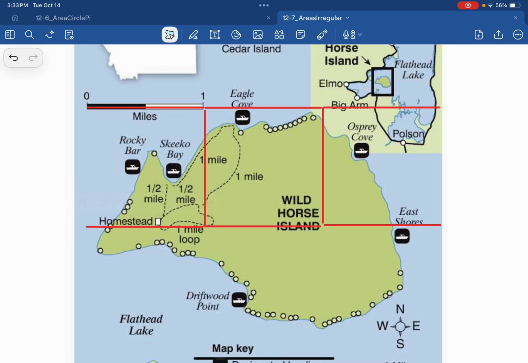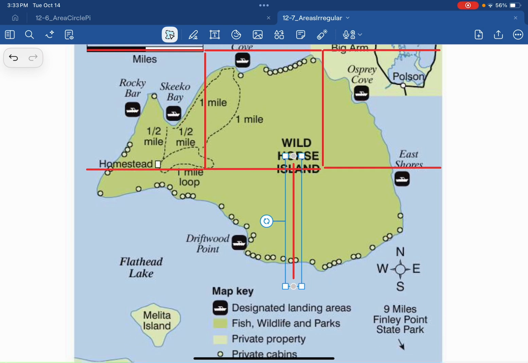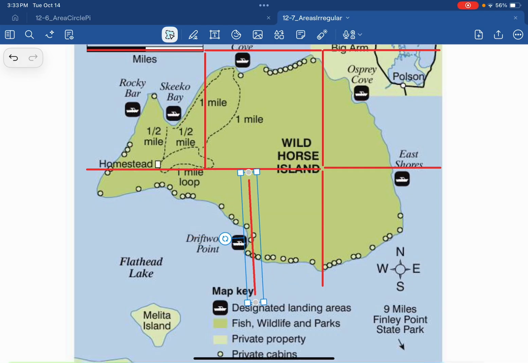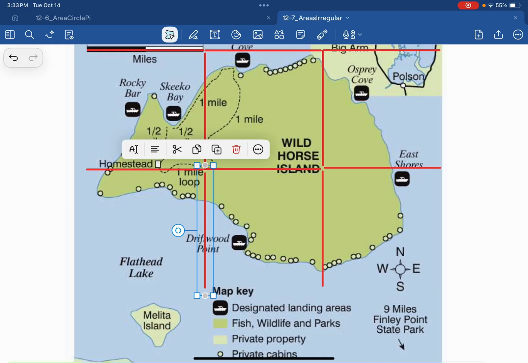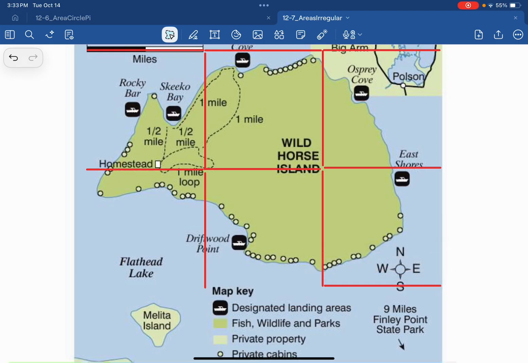So in essence, what I'm doing is creating a grid of squares using the 1 mile distance, to get us an estimate of roughly what's going on on this island. I guess we could put a couple more down here on the bottom. Hope this is making sense to you, how this will help us.